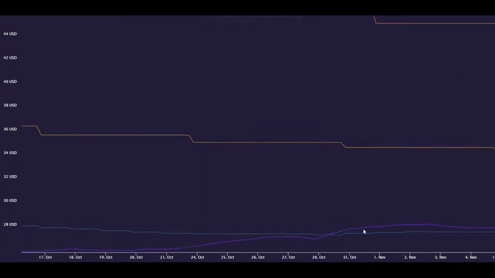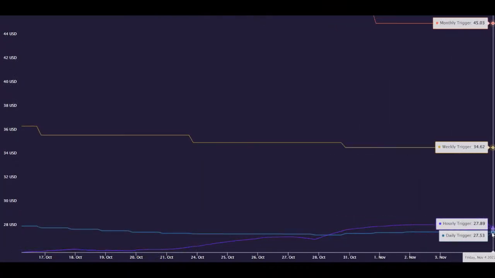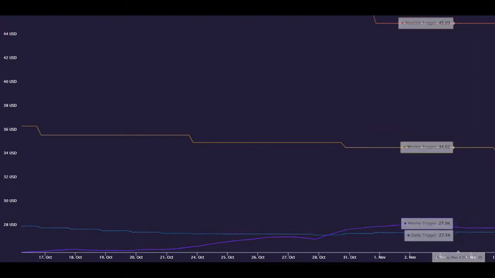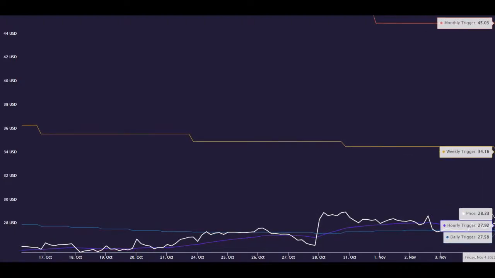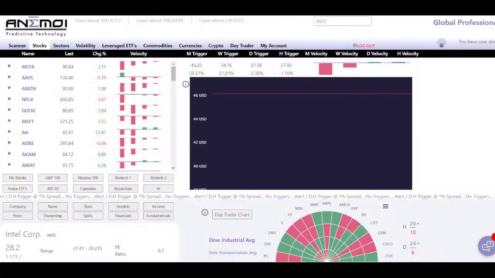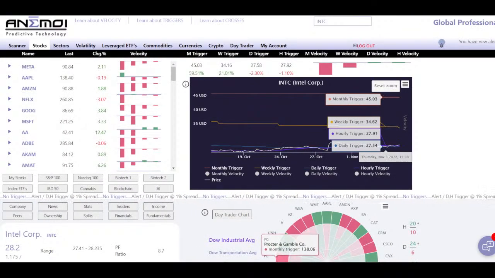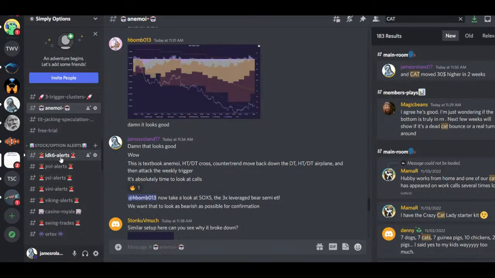You could see how the hourly trigger came down to the daily trigger, got really close to it, and now the hourly trigger is starting to lift up off it, and price already broke through. So we can expect price to make a sharp attack of this weekly trigger at 34. So we're going to be going long INTC as long as price opens on Monday above the hourly trigger at 27.89.